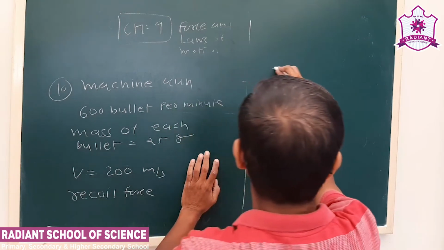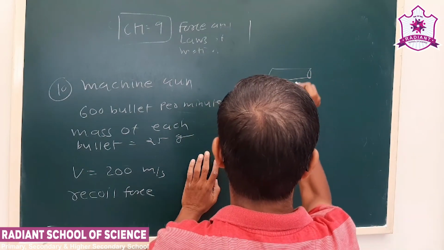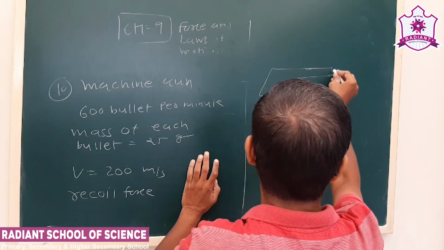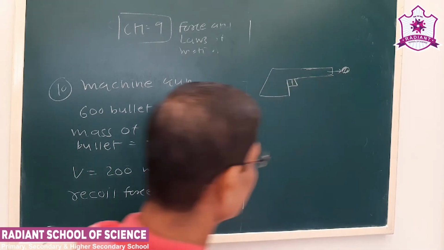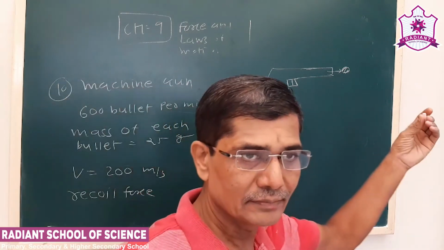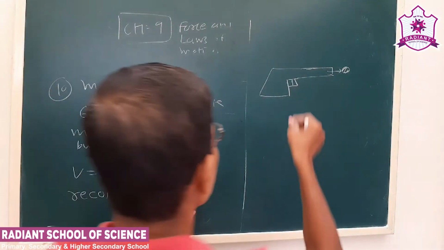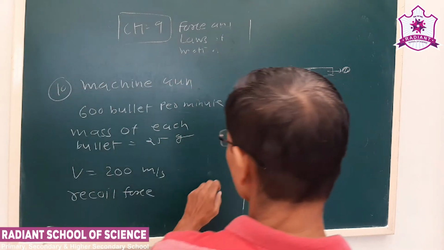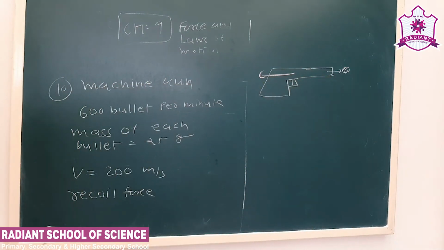Now see, it is like this. The bullet is fired like this. By Newton's third law, this will be the action, and the reaction in the opposite direction will also be a force. That force is the recoil force. Now the force is equal to mass into acceleration, or here in terms of momentum.